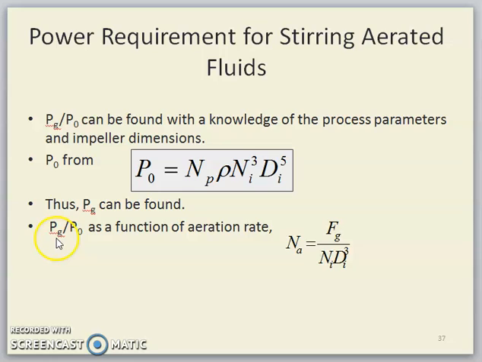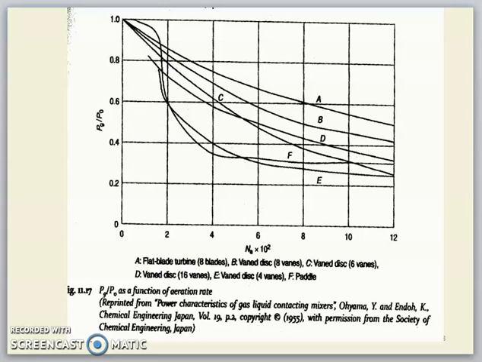So the P_g over P_0 as a function of aeration, then you have N_a equals F_g over N_i D_i cubed. The figure here shows the P_g over P_0 as a function of aeration.